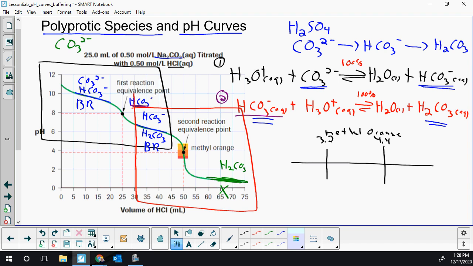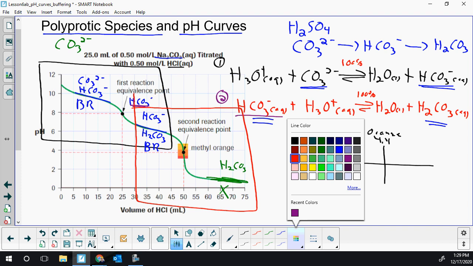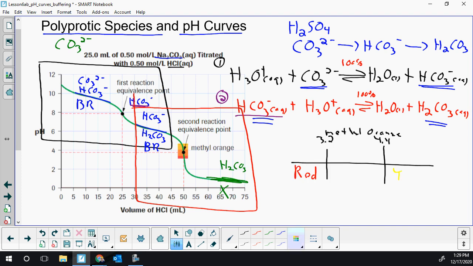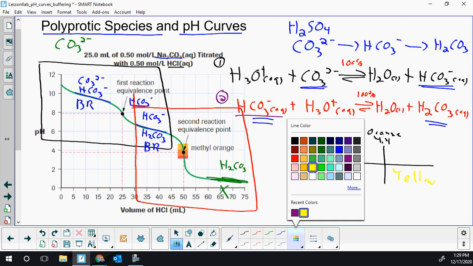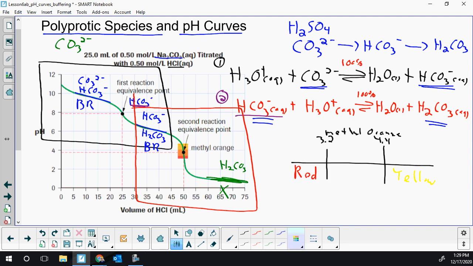Now I want to relate the colors to those numbers. 3.2 is the first number, and the first color in your book is red. So that's what we see when we're below 3.2. The second number is 4.4, and the second color is yellow, so we see that after the second number. When we're in the middle, we see both colors, so that is orange.